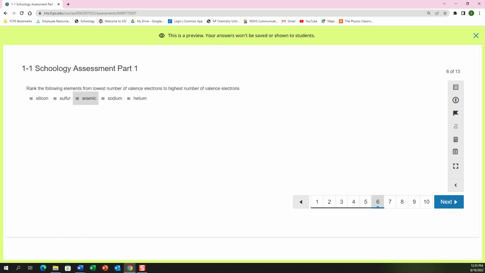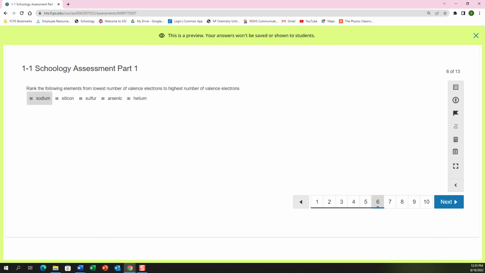Rank the following elements from lowest number of valence electrons to highest number. Remember, all you have to do is look at your periodic table, and whatever column it's in, that's how many valence electrons it has, except for helium. Remember, helium is one of your noble gases, but it only has 2 valence electrons. So that's kind of a tricky one right there. So sodium is in the first group.